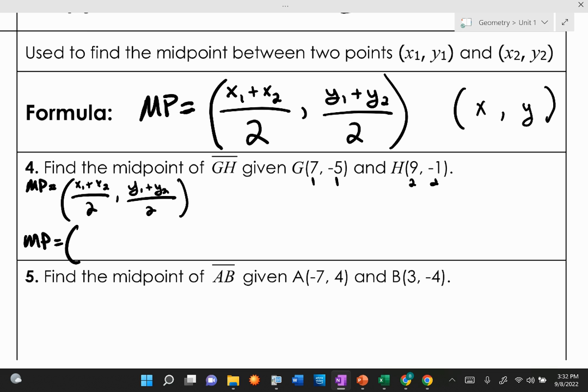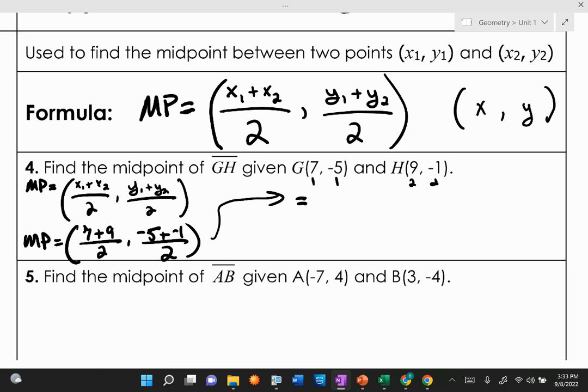Which is going to make my x1 be 7 plus 9 over 2, and then you've got y1, which is negative 5, plus negative 1 over 2. And now you're just simplifying.